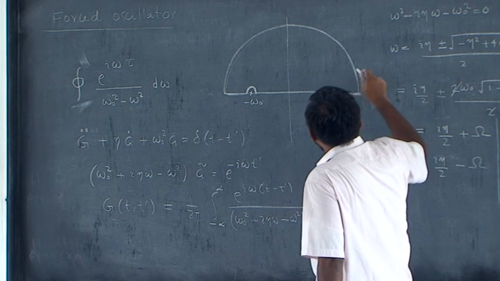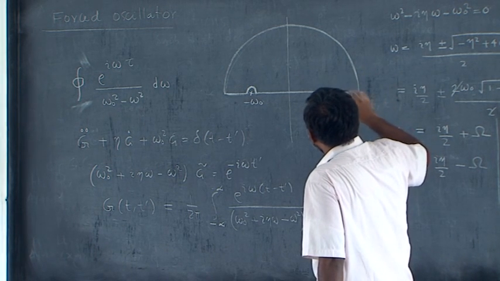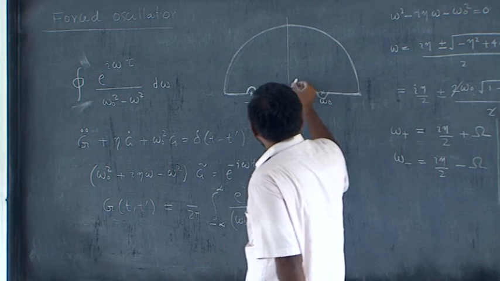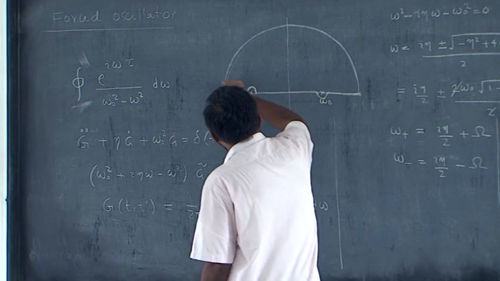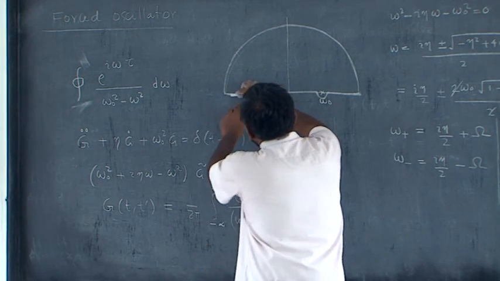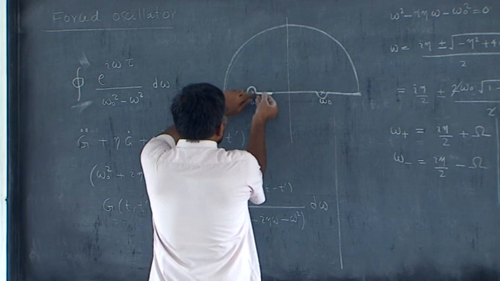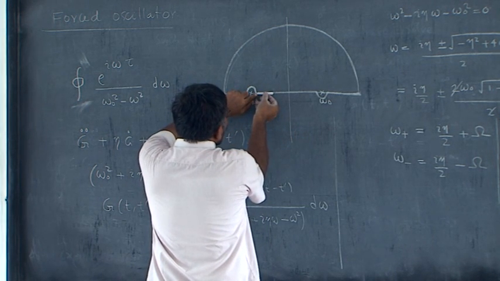So it depends on how you are measuring the phase. So let's say this is pi. Then this is going from pi to 0.